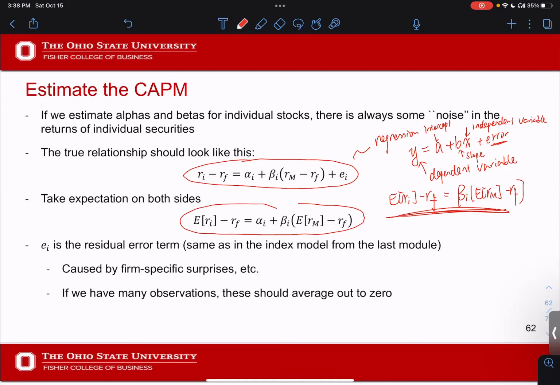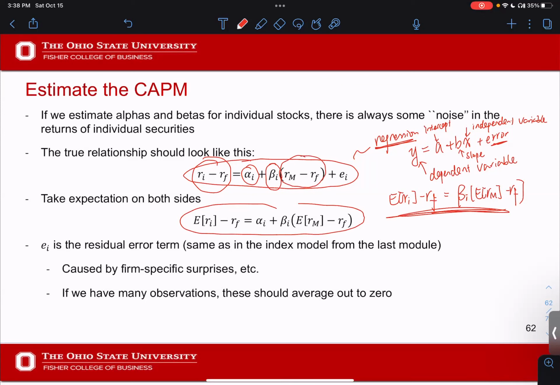Then applying this regression model to the CAPM, the dependent variable Y will be the excess return of the individual stock, and alpha will be the intercept. Beta is the slope, and also the one we are most interested in, the measure of individual risk level.